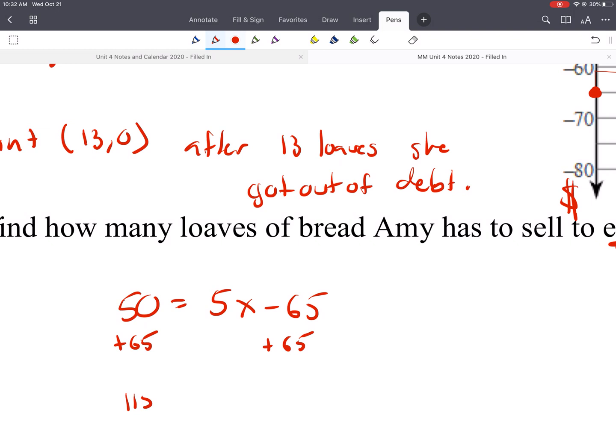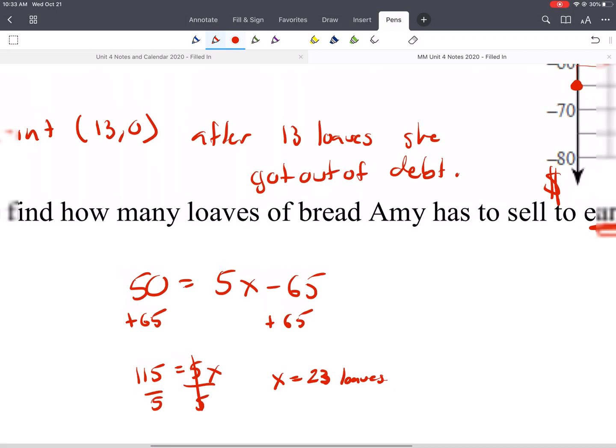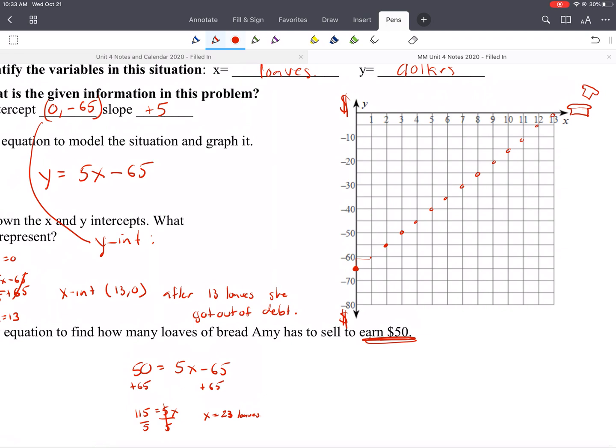That gives you 115. And then we'd divide both sides by 5. So 115 divided by 5 gives us x is equal to 23 loaves. So she'd have to sell 23 loaves to get $50.